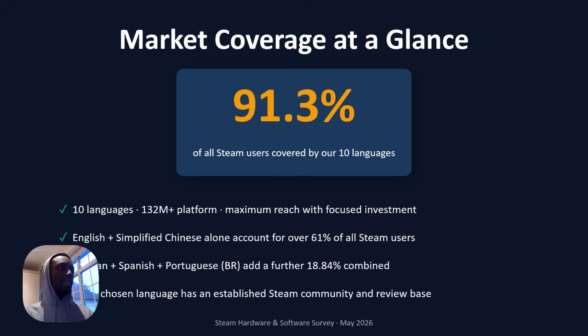So English plus simplified Chinese accounts for over 61% of Steam users already. And then when I add in all of the other languages I did, that accounts for 18.84% of languages on Steam. So now I'm covering 91.3% of languages on Steam. Whereas if I compare that to my first game, I only targeted around 39%.